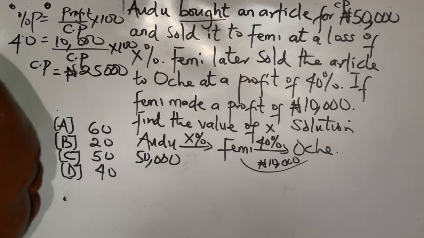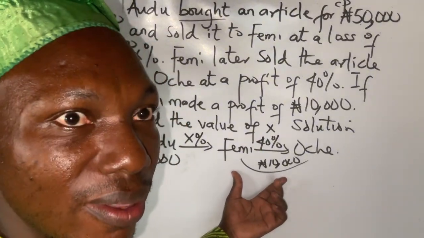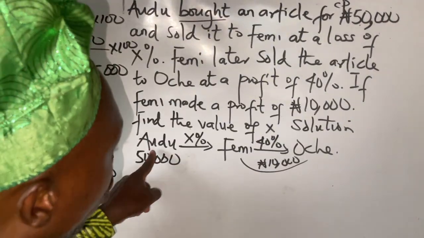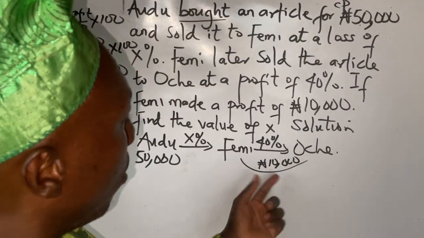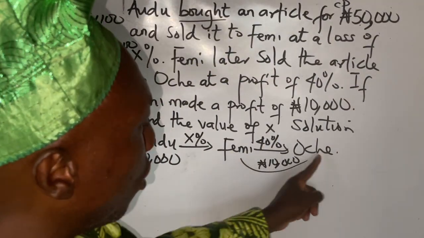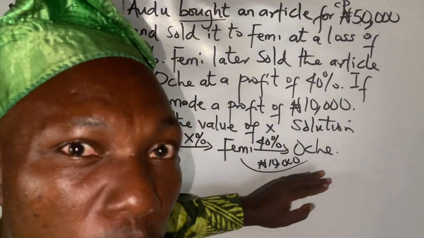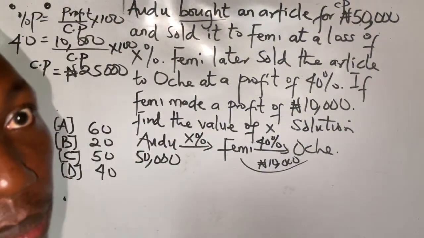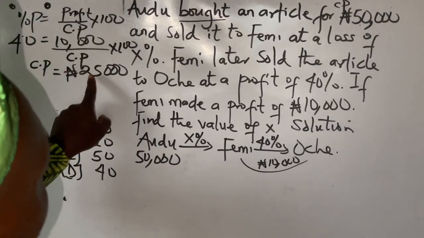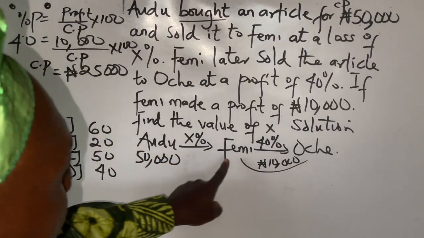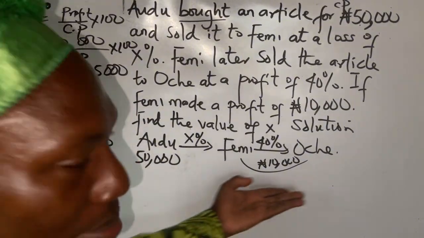So the cost price I've calculated here is Femi's cost price, which is Audu's selling price. Between Femi and Oshe, the cost price is 25,000 naira. That is the only way you can solve this problem. Audu's selling price now is 25,000 naira. Femi's cost price is 25,000 naira because of this.